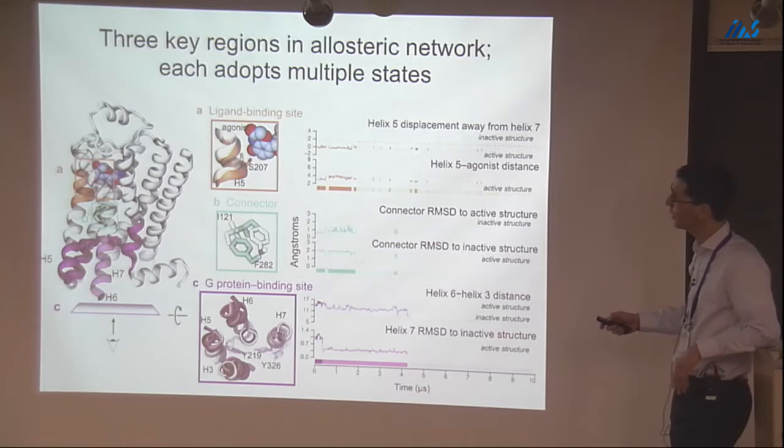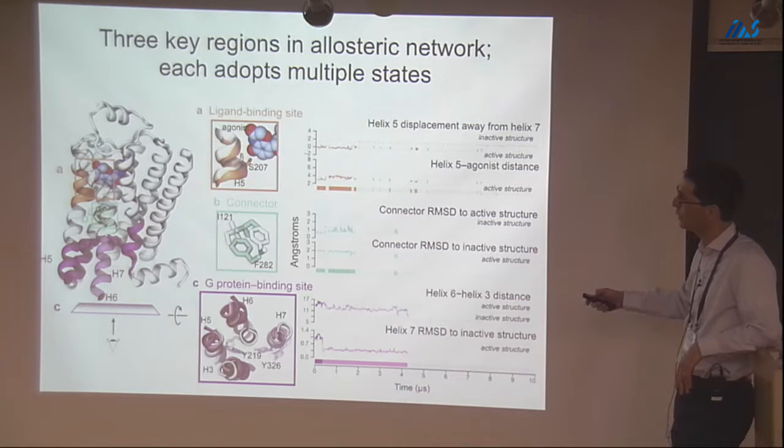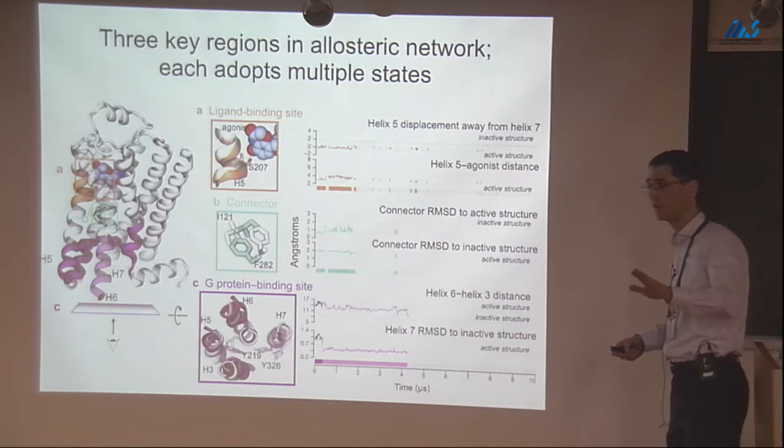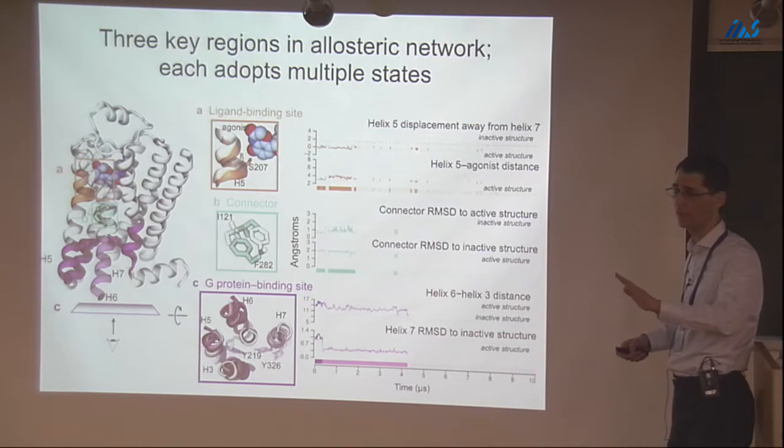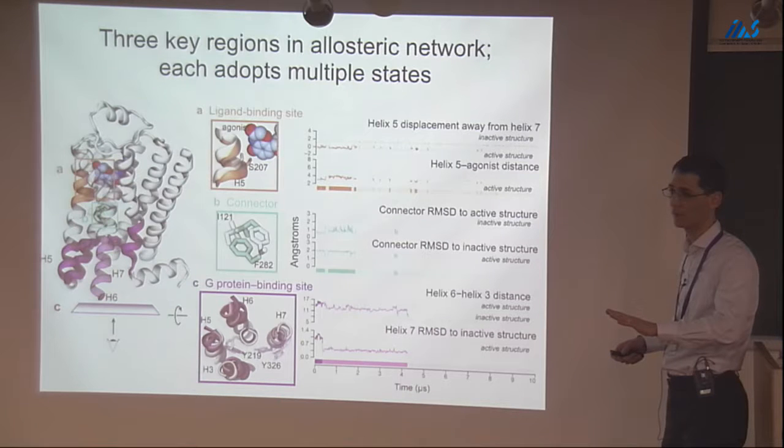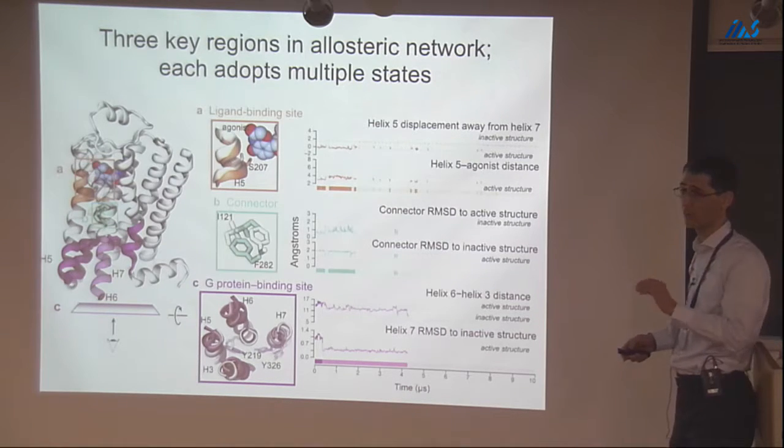So what we see in simulation is that there's coupling between three regions of the receptor. The binding pocket, an intermediate region that we call the connector region, and the G protein binding site. And each of those three regions transitions in simulation between 2 or 3 well-defined conformations. Now, interestingly, the coupling between them is quite loose.